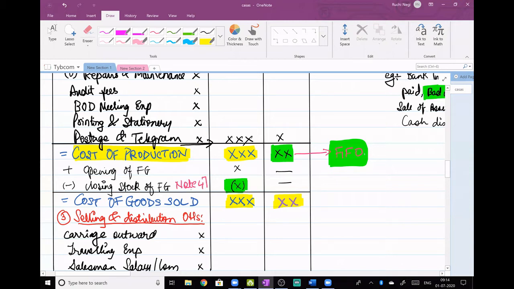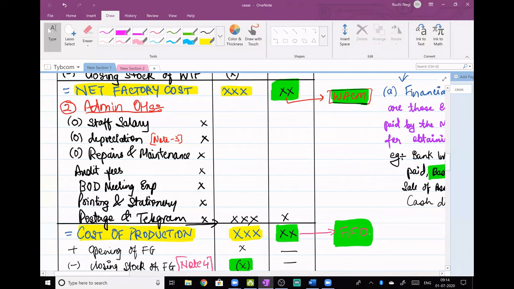In your statement, mention this: closing stock of finished goods, note number 4. It could be either FIFO or the weighted average method.